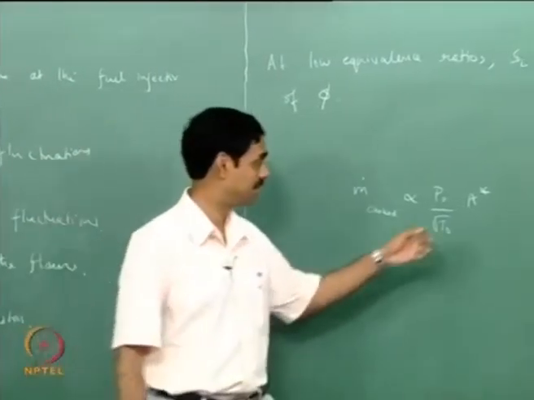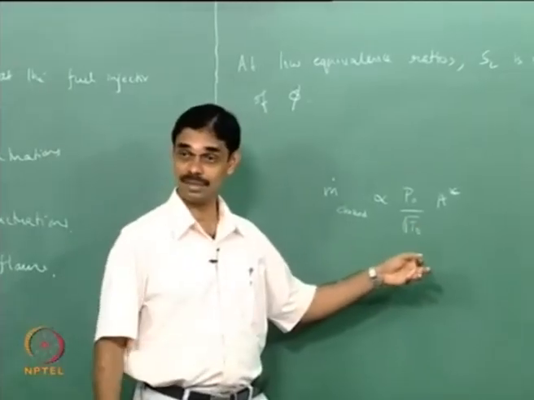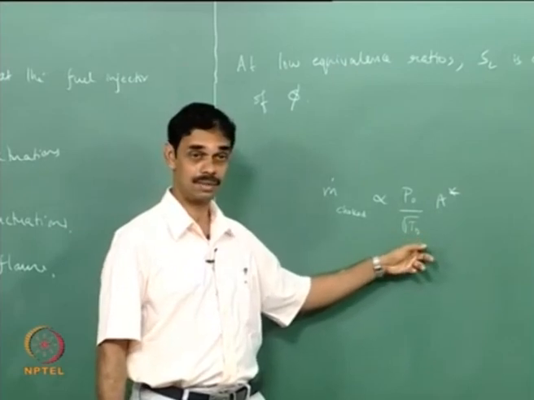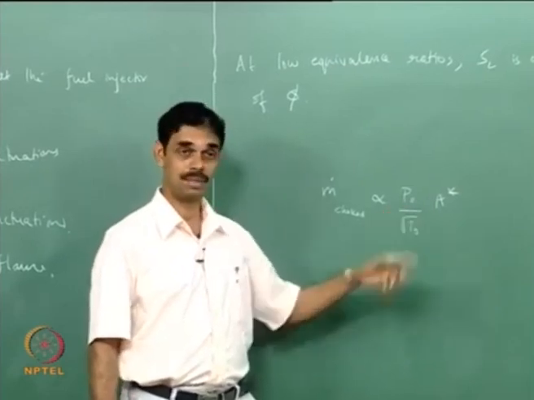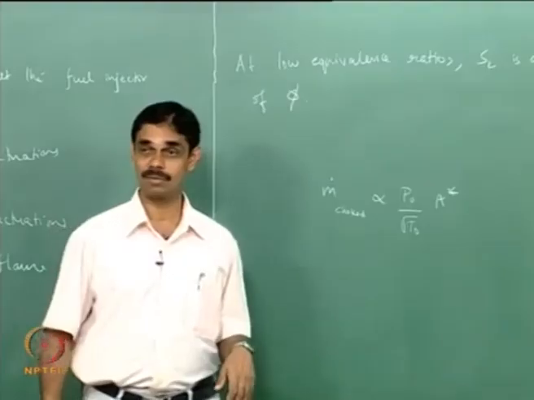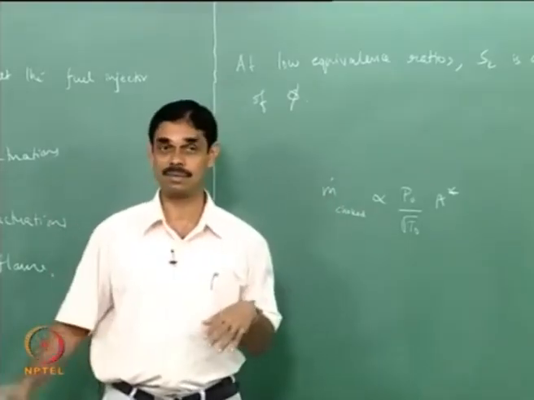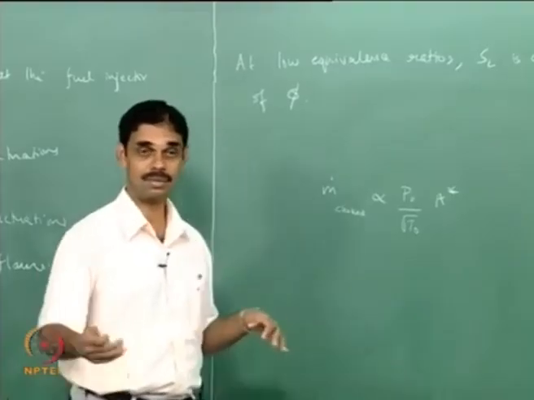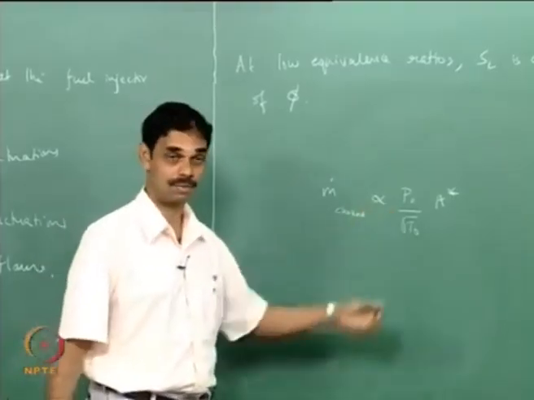I don't remember the factor, but there is a constant times P naught A star over square root of T naught. Under incompressible flow situations this whole thing can be written as going like square root of delta P effectively. So when you go to Mach 1 and so on, you have to use this formula.